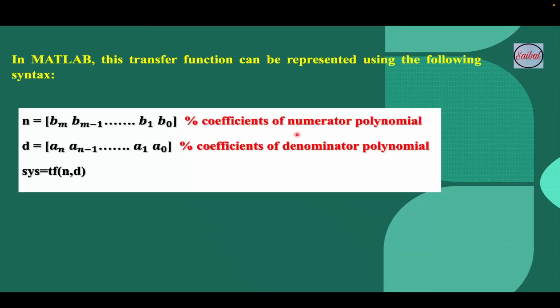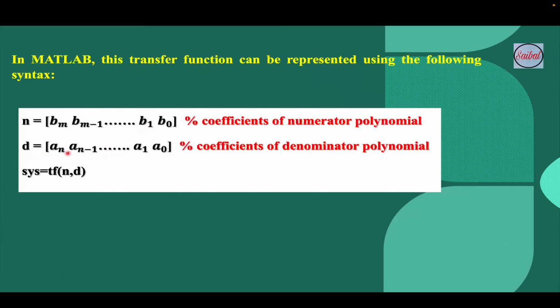Okay, so in MATLAB the transfer function can be represented by using this syntax. Here n is nothing but the numerator. So first of all you have to represent the coefficients of the numerator of the polynomial. So here you can see this is the coefficients of the numerator, that is b_m down to b_0. Similarly you have to represent the coefficients of the denominator.